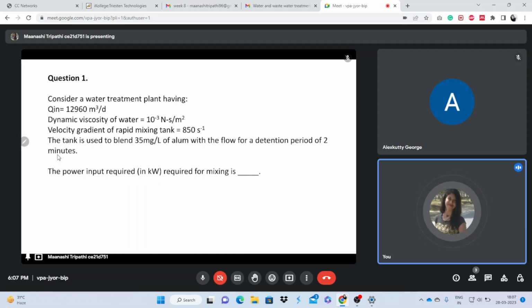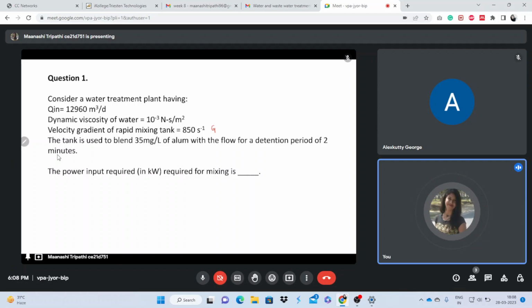I hope you know the difference. The velocity gradient of the rapid mixing tank, G, is given. The tank is used to blend 35 milligram per liter of alum with the flow. The incoming flow is this, and the detention period is 2 minutes.